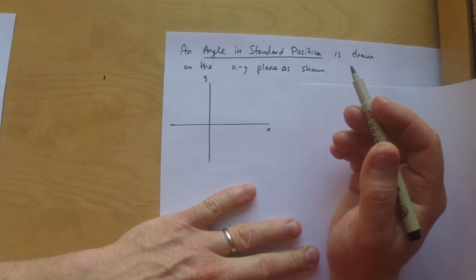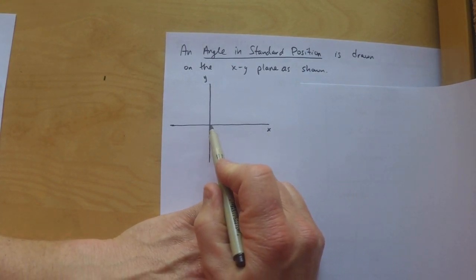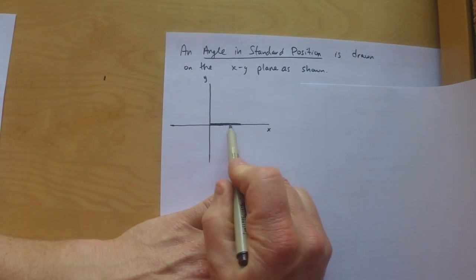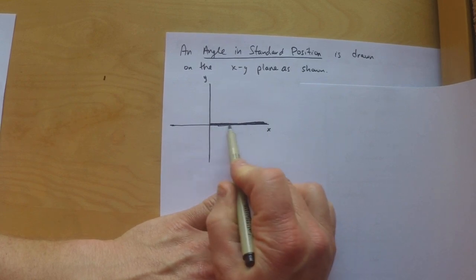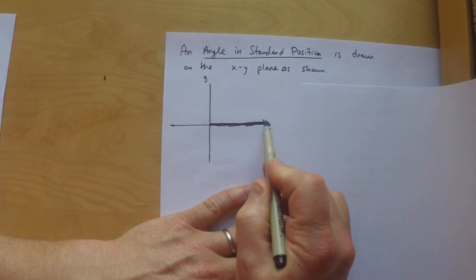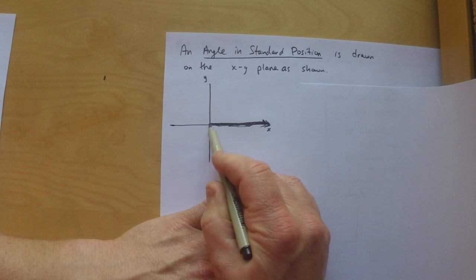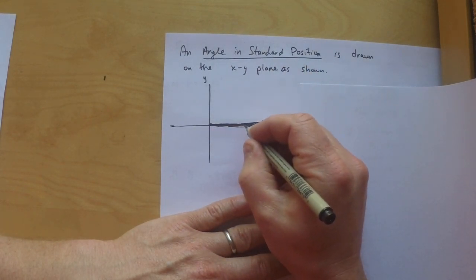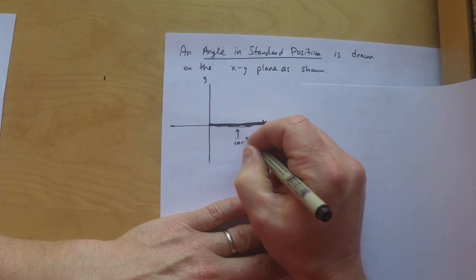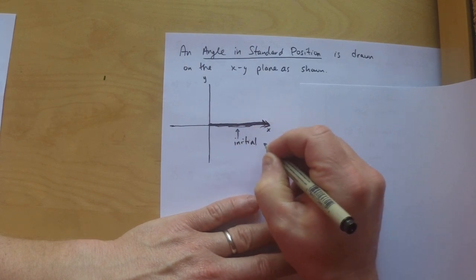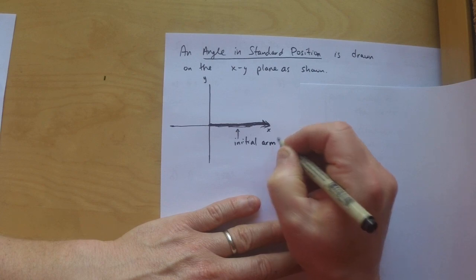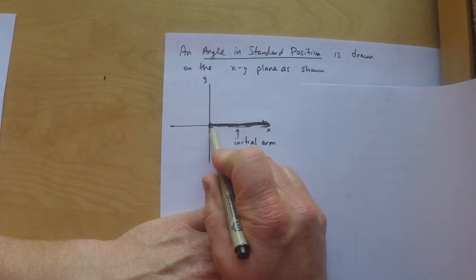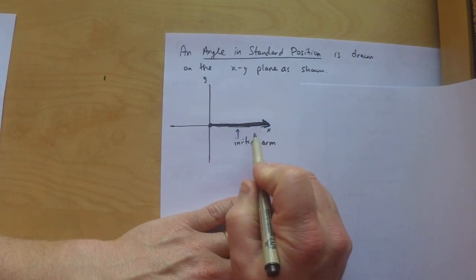it's like having a clock, except you start on the positive x-axis, and that arm, think of it almost like a clock hand, is called your initial arm. Sometimes they call it the initial ray, because a ray is kind of half a line that starts at one point and goes forever this way.